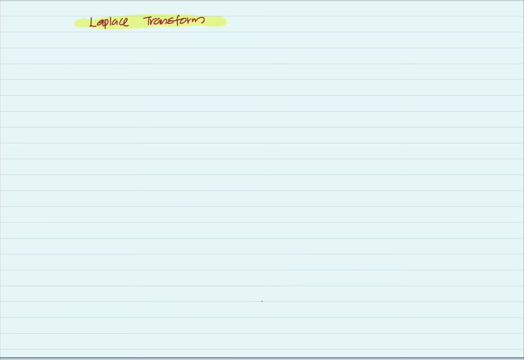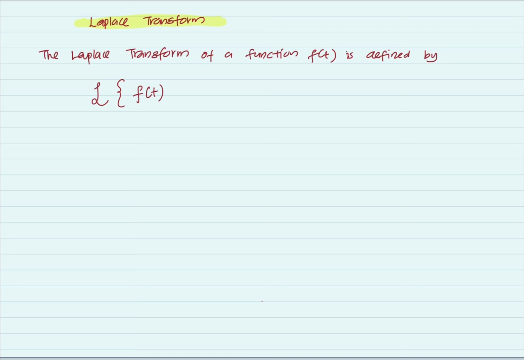Let's say the Laplace transform of a function f(t) is defined by, so this is the notation: the Laplace transform of the function f(t) is F(s). So we use a capital F.